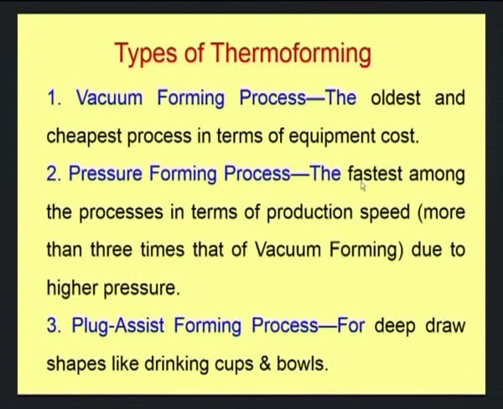Therefore, whenever high production rate is required, people go for a pressure forming process. The plug assist forming process is again a variation of the vacuum forming process, where deep draw shapes are required, like drinking cups or bowls. These are the products that involve certain depth. In such cases, we go for plug assist forming.